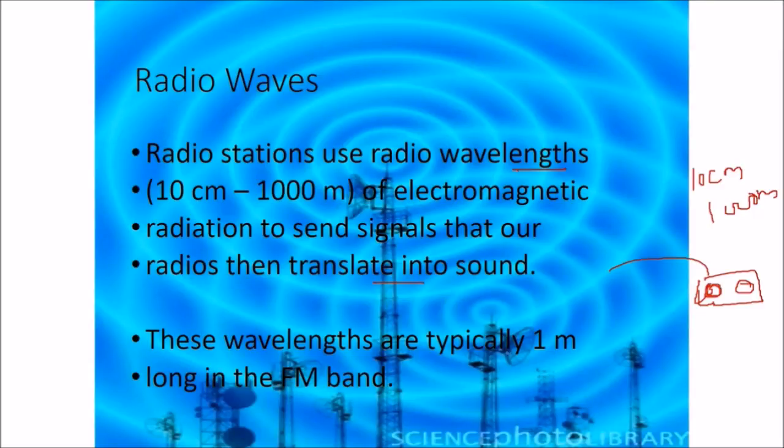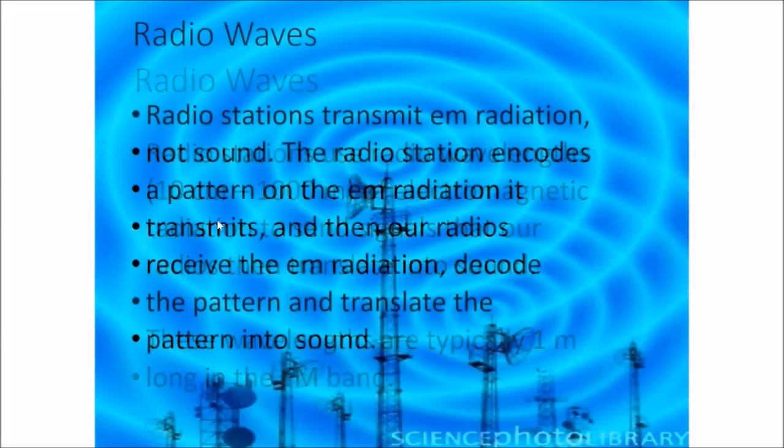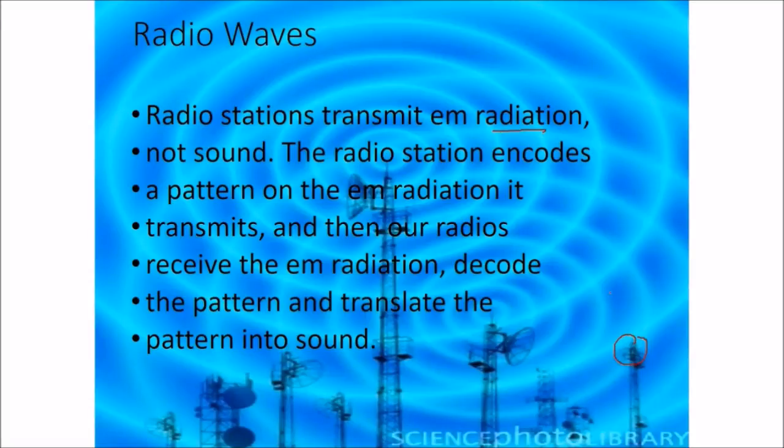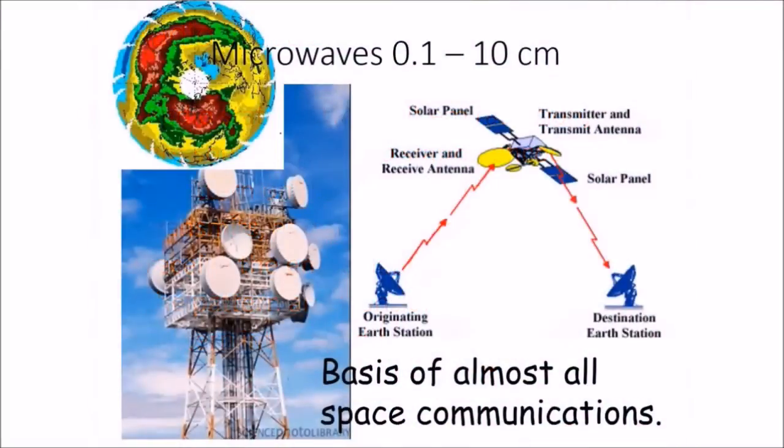These wavelengths are typically 1 meter long in the FM band. The radio station encodes a pattern on the electromagnetic radiation it transmits, and then our radio receives this electromagnetic radiation, decodes the pattern, and translates the pattern into the sound that you listen to.